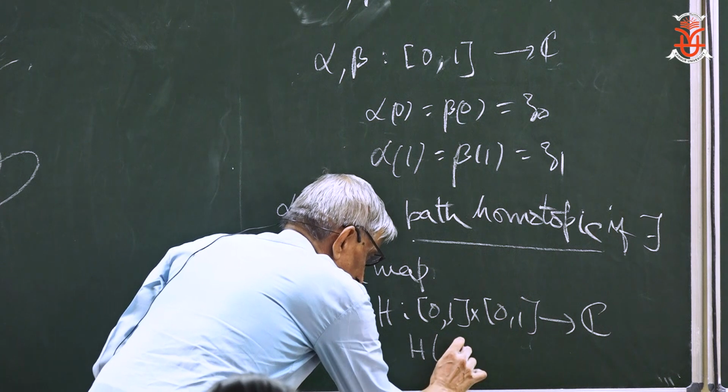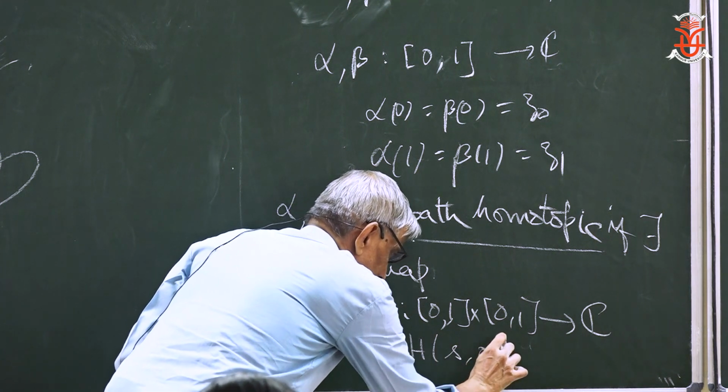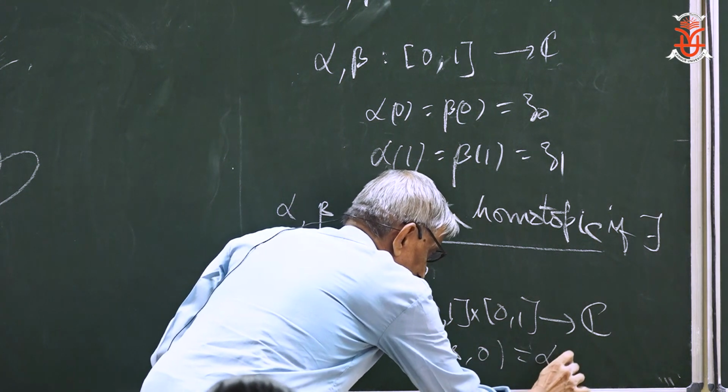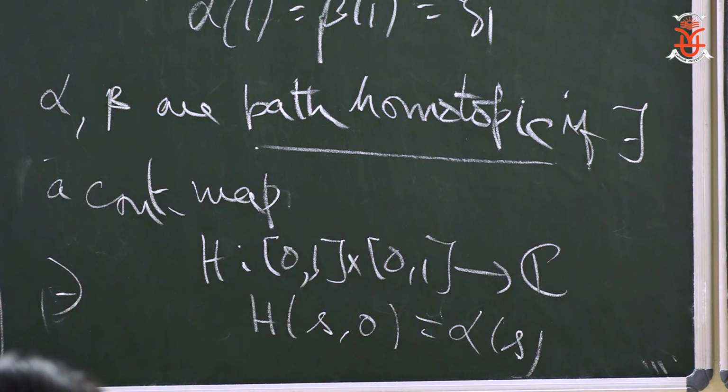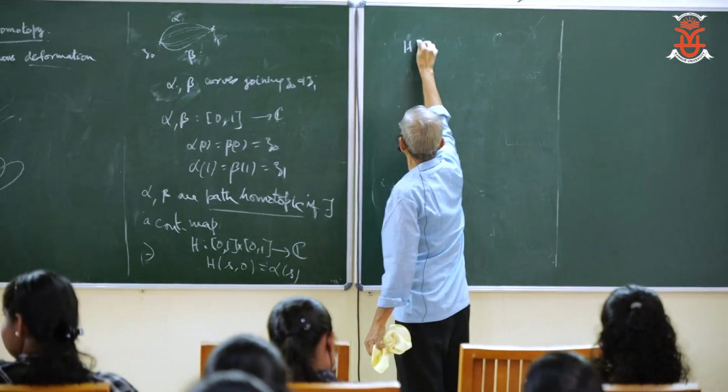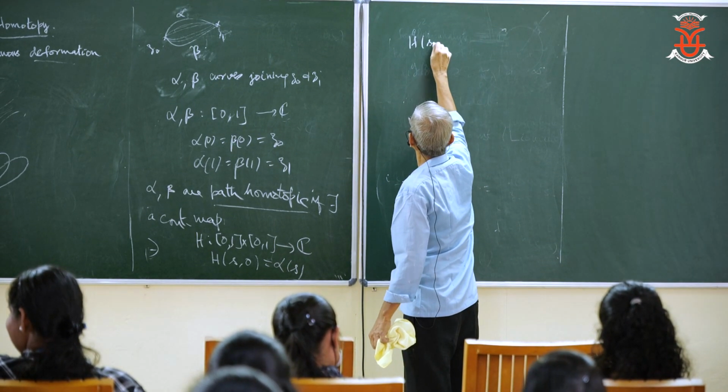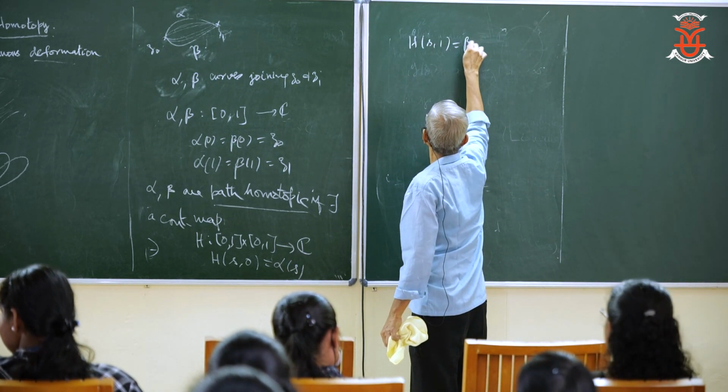H of s,0 is alpha of s. So at t equal to 0, you get alpha. H of s,1 is beta of s.